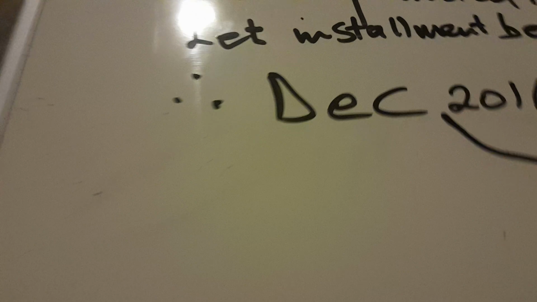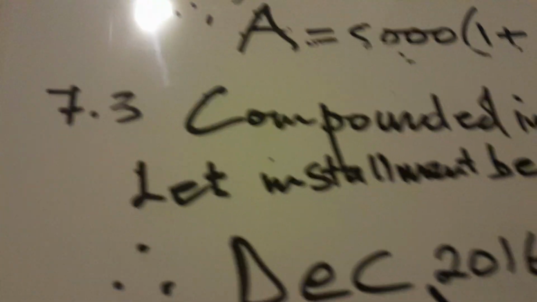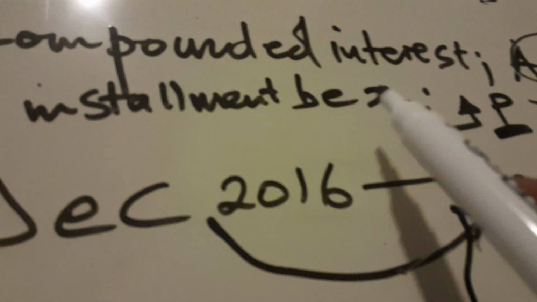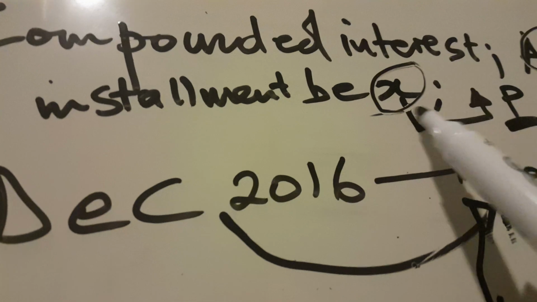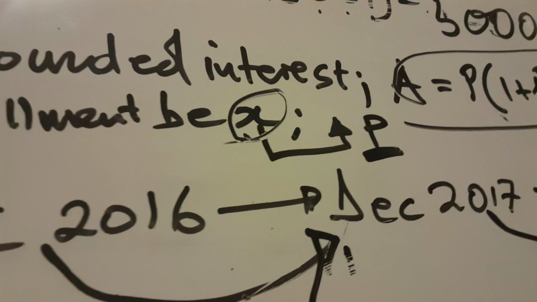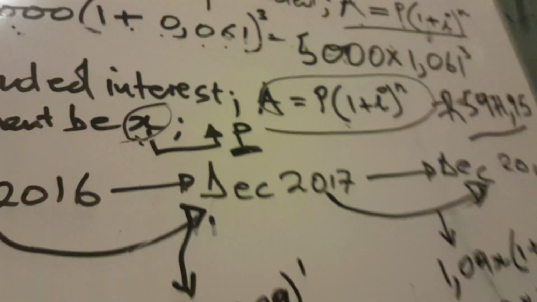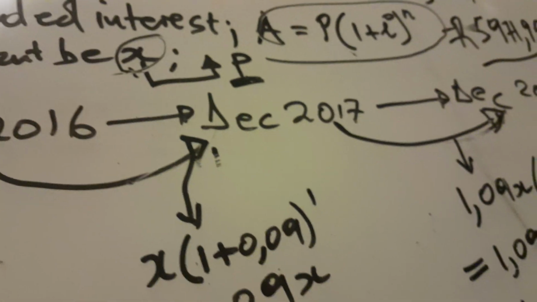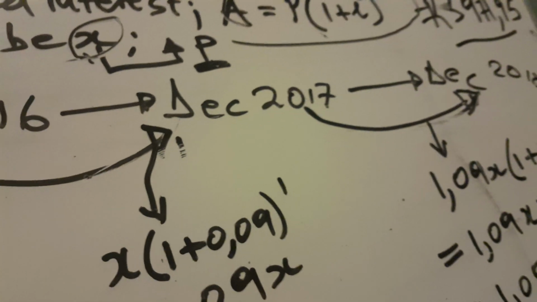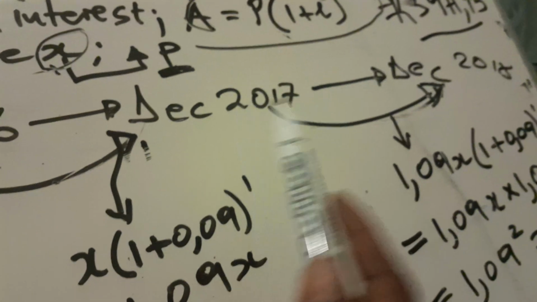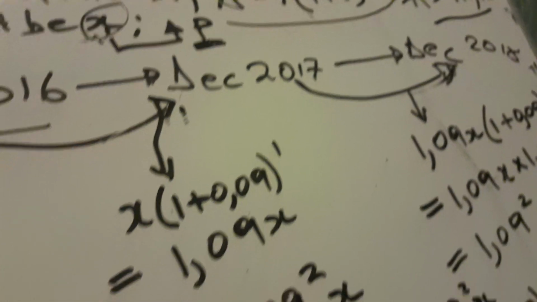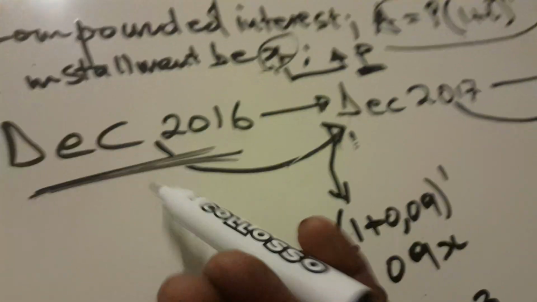But now, we are going to let the installment be X. And X here is going to be the money that I put in December 2016. This is our timeline, 2016, 2017, and 2018. At this time period here, I have X amount. I go to invest it.